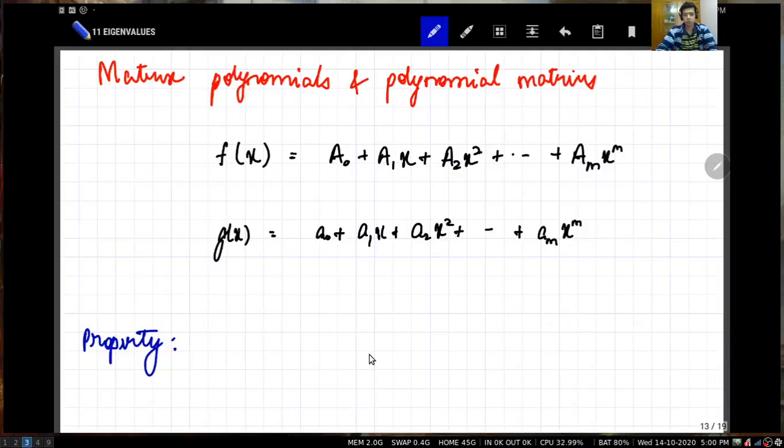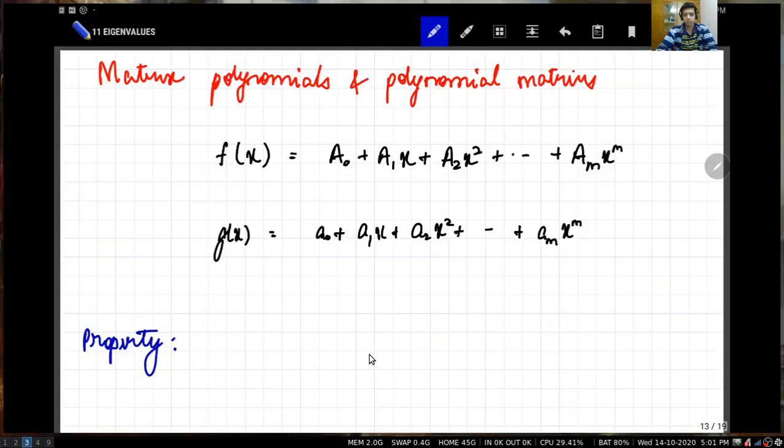A matrix polynomial is basically a polynomial where the coefficients are matrices, not arbitrary real numbers. So for example, if A0, A1, A2 up to Am are n by n matrices, then, well, in general there could be m by n matrices, then f of x equal to A0 plus A1x plus A2x squared and so on plus Amx to the m is a matrix polynomial of degree m.